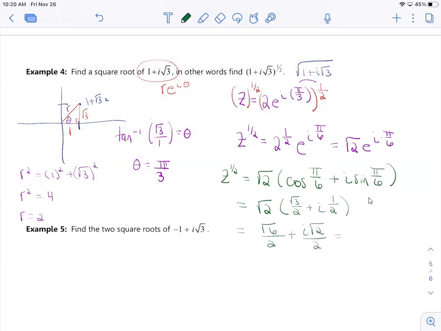You can leave it like that, or you can put it over the same denominator. And that is the square root of 1 plus i root 3. And again, you'll start using this much more in another math class. We're just exposing you here.